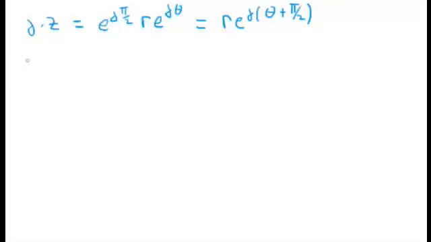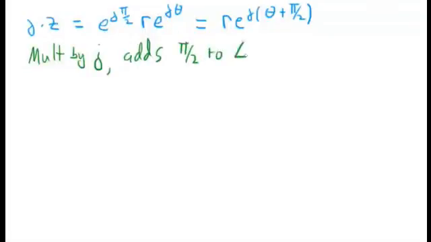What we see is that multiplication by j leaves the magnitude of z unchanged, that is, it was r before and r after, and adds pi over 2 to the angle of z. That is, it rotates z by pi over 2.